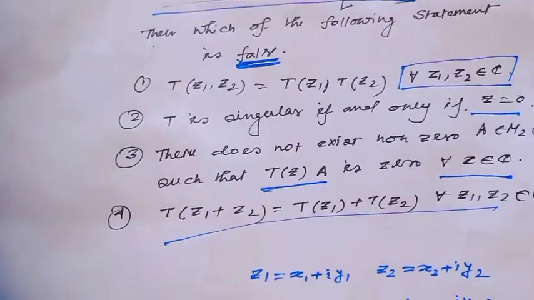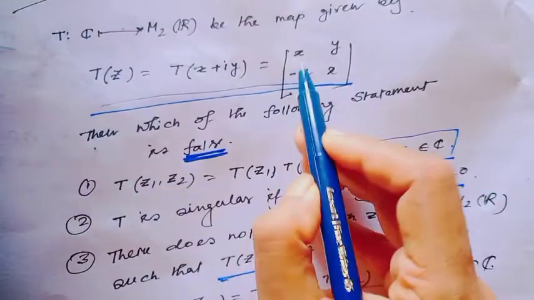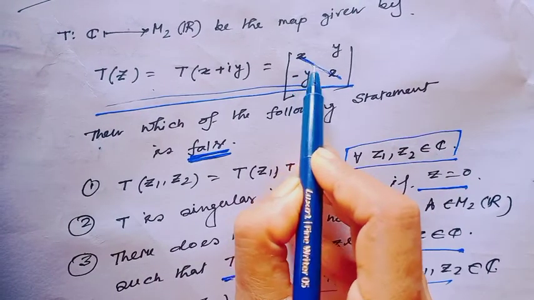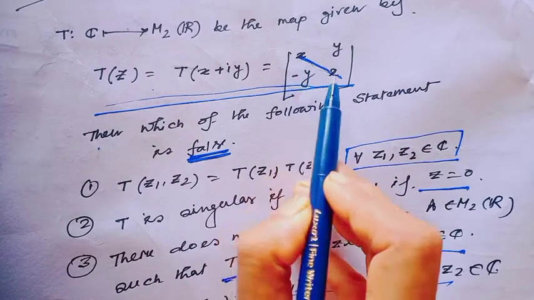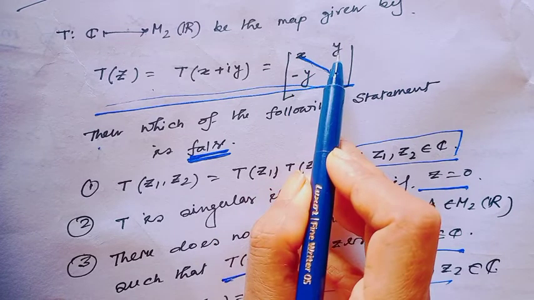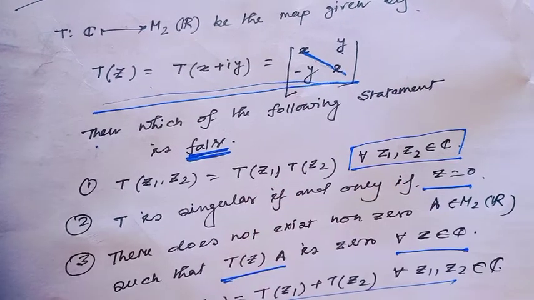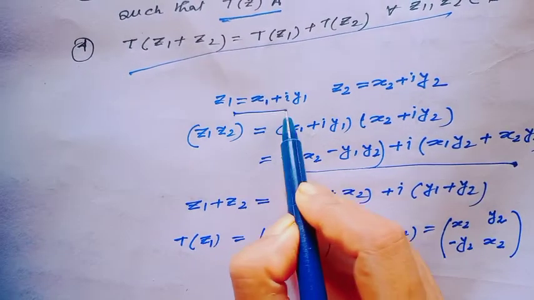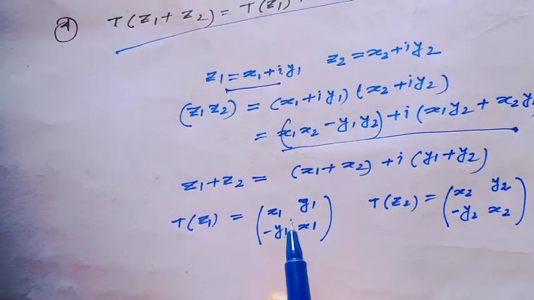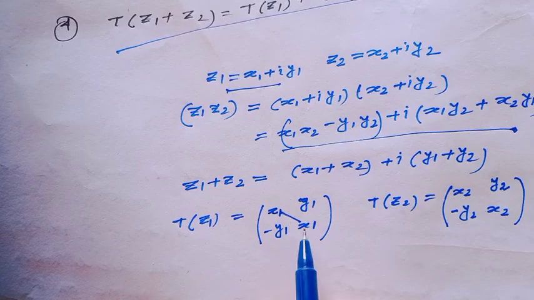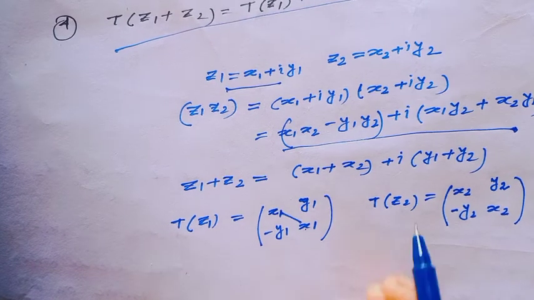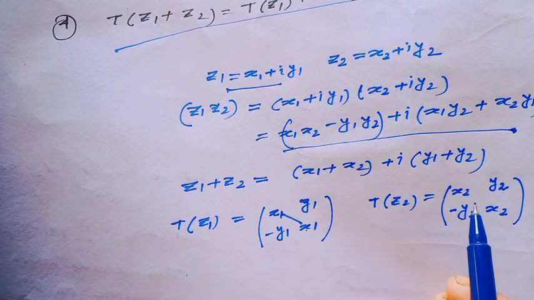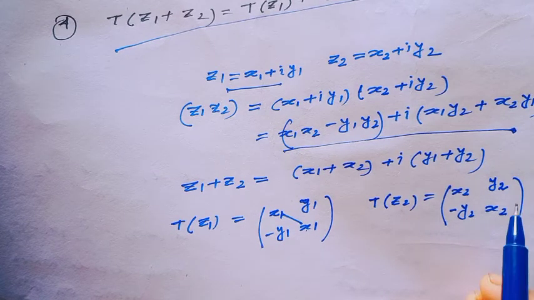Along the diagonal the value is x, x and off diagonal the value is y, minus y. So obviously Tz1 would be x1, x1 along the diagonal and y1, minus y1 off diagonal, and Tz2 would be similar, x2, x2, y2, minus y2.